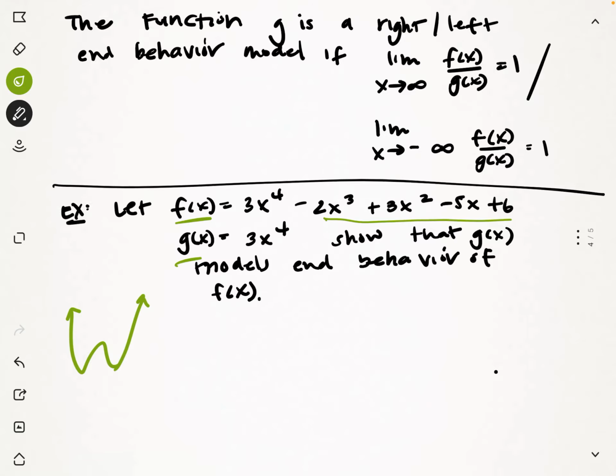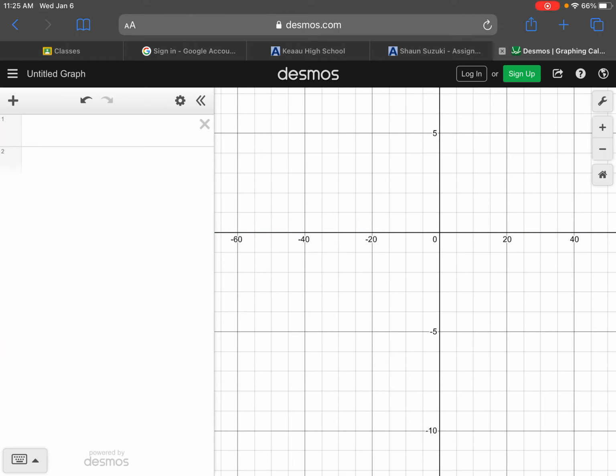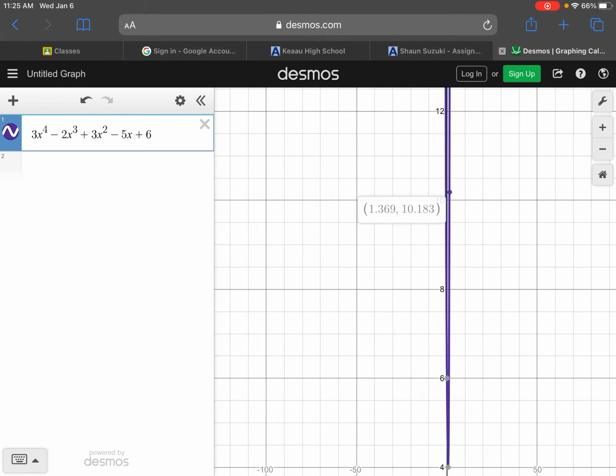Okay, let's go to Desmos. So we're going to do 3x to the fourth minus 2x cubed plus 3x squared minus 5x plus 6.